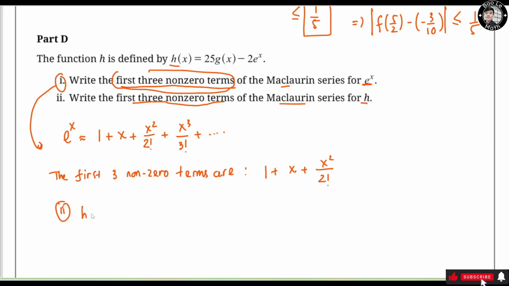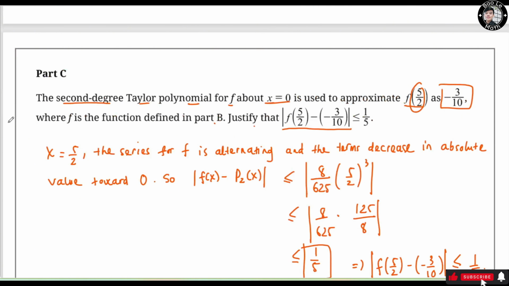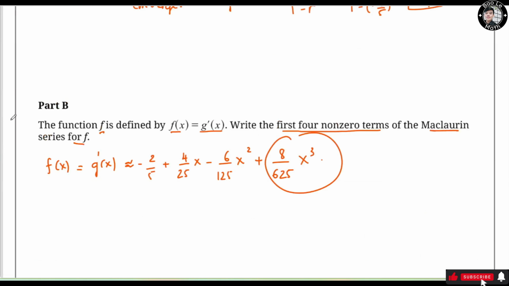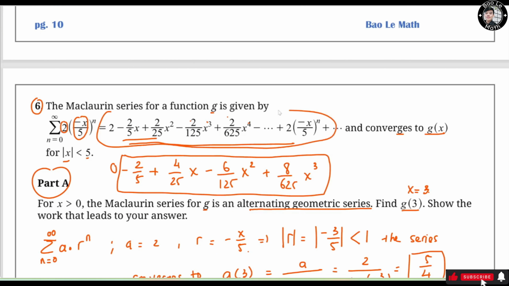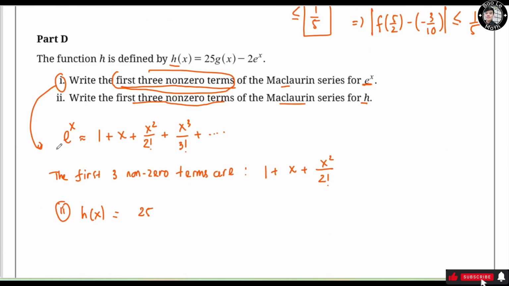So h of s equals 25 times g of s, but g of s is right here, right? And remember, you don't need to write the whole thing, right? We only need the first three non-zero terms, right?